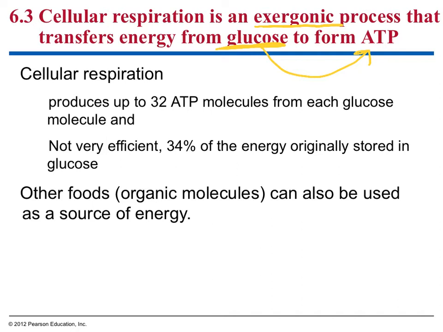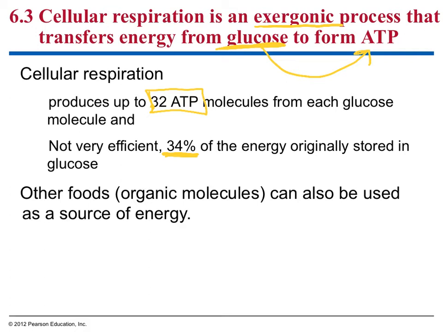From one glucose molecule, we get about 32 ATP molecules produced. However, even though that kind of sounds like a lot, cellular respiration is only about 34% efficient, meaning there is 66% of the energy that was held in glucose that is lost.